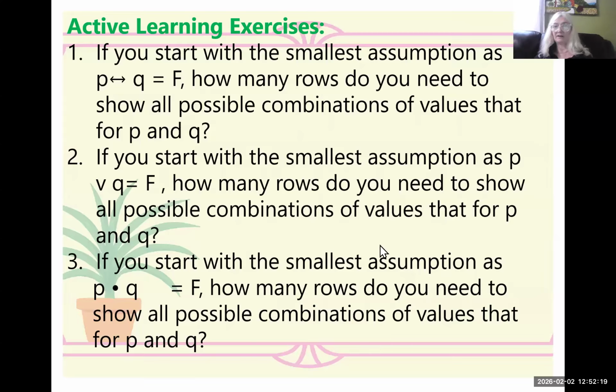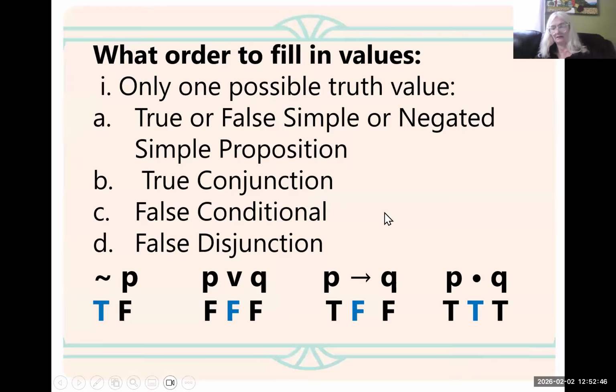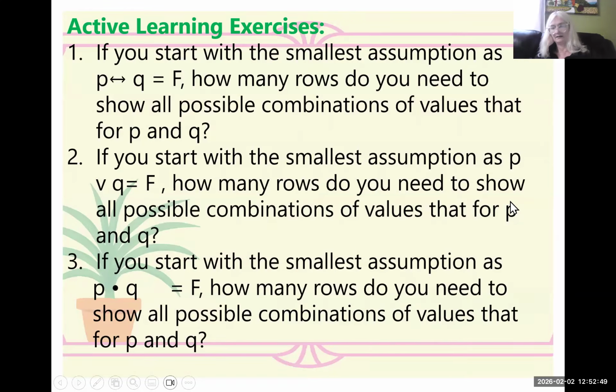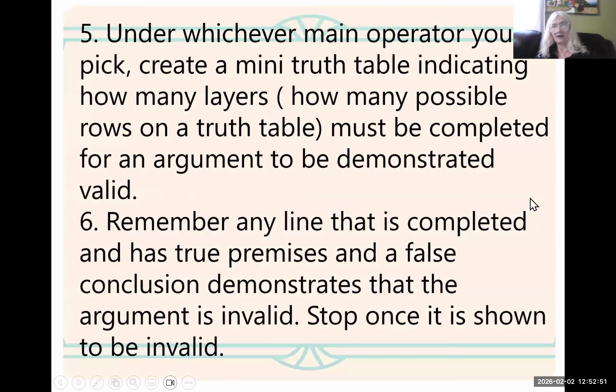Then consider the same question for P or Q equals false, and for P and Q equals false. If you're not sure, go back and look at these slides and check to see what the answers are.